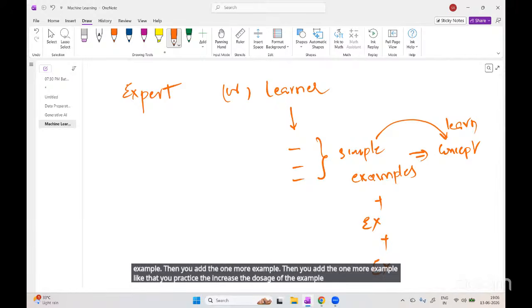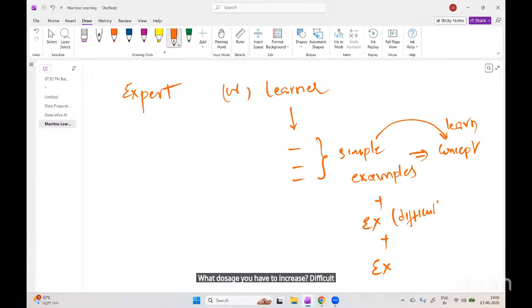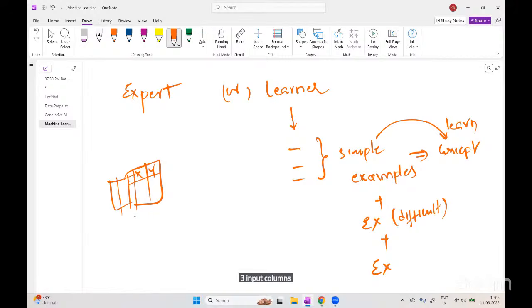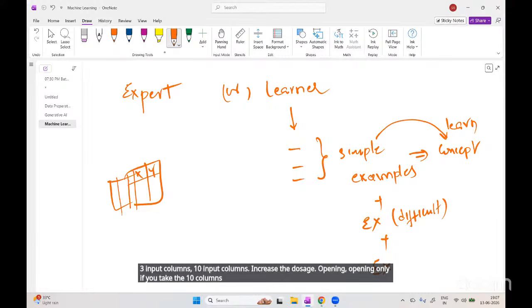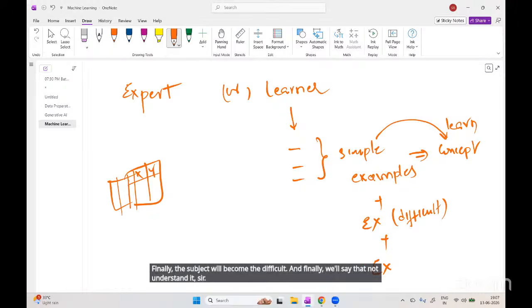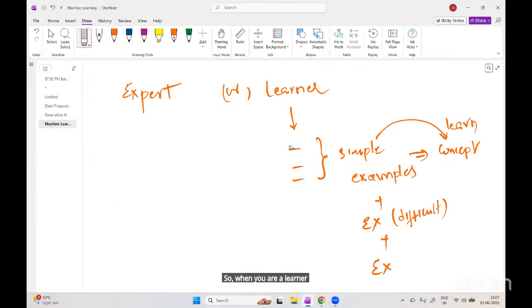What dosage do you have to increase? Difficulty dosage. If one column is there, then two input columns, three input columns, 10 input columns, increase the dosage. If you take 10 columns at the opening itself, finally the subject will become difficult and finally we will say that we did not understand it, sir. So when you are a learner, don't start with complex examples.